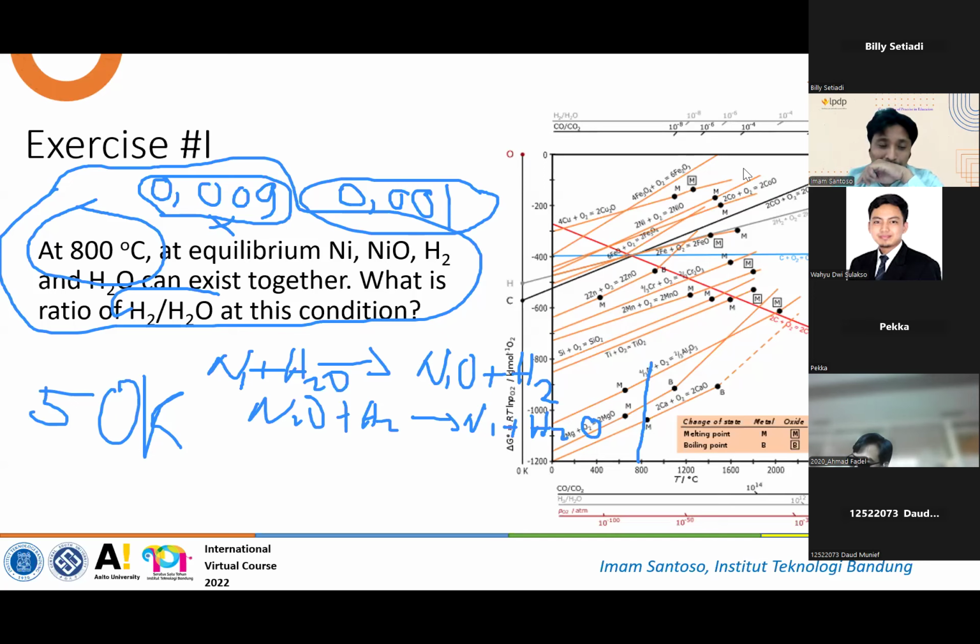I think the first one. Really? Compared to 0.001, because now you have 0.009, do you think you have more hydrogen or more water?